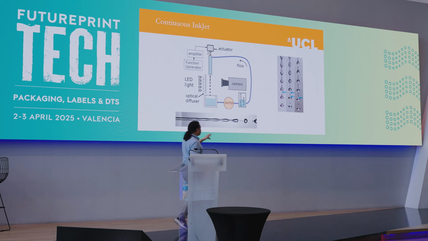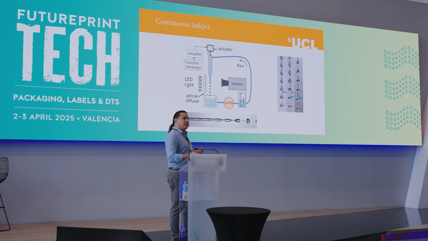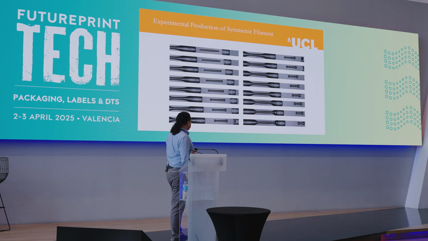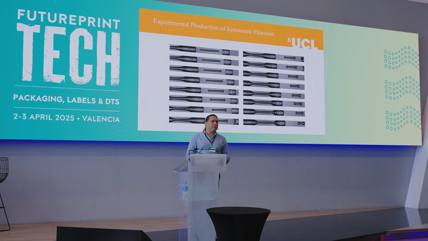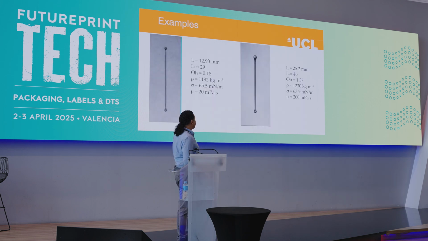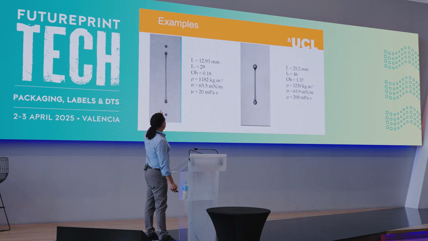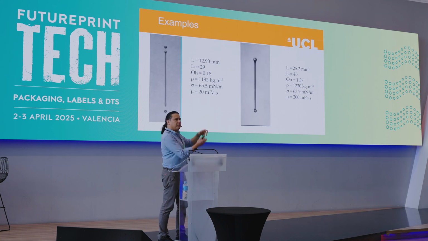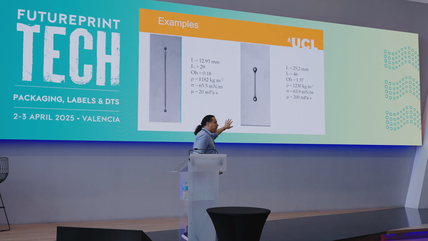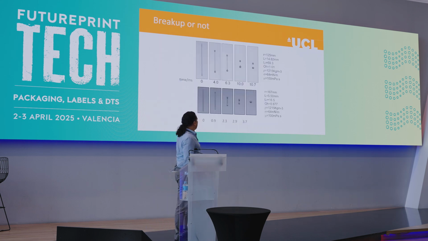So we're also very interested in making sure that this filament doesn't break up into too many satellites, because then it gets kind of difficult to control, and also misting within the printhead. So we're very interested in finding whether that filament breaks up into a single droplet or multiple droplets. Again, high-speed imaging. Under those conditions, the filament breaks off into many droplets that coalesce into a single droplet. And of course, this is favored by industry.